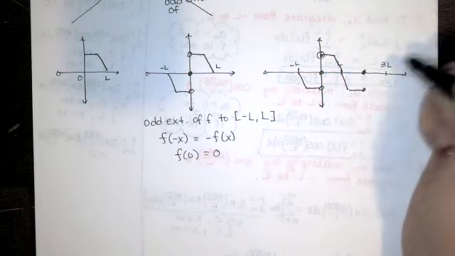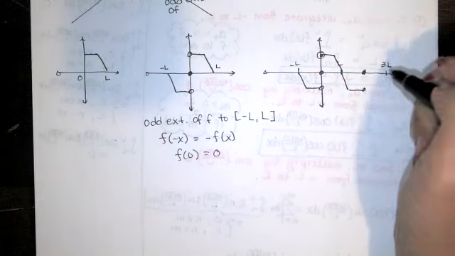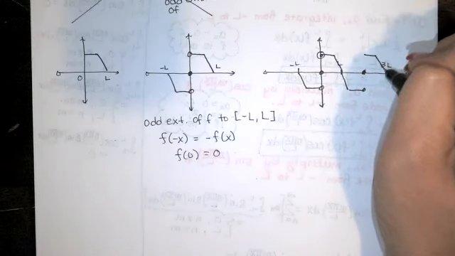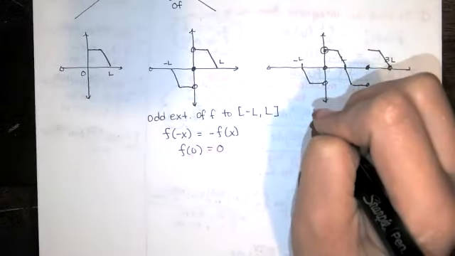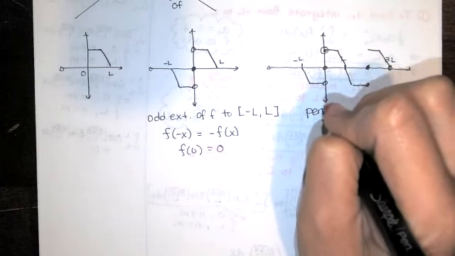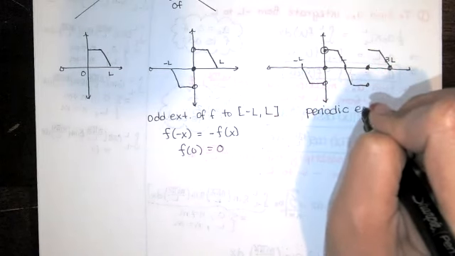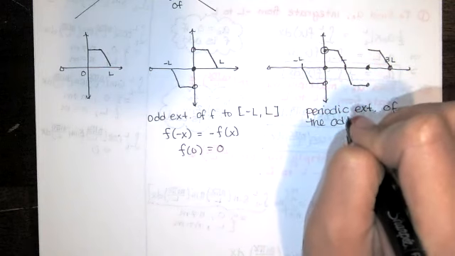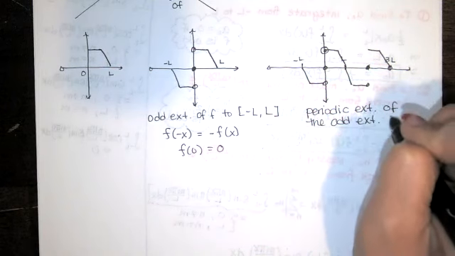Then you get the odd extension to the entire real line. So this is the periodic extension of the odd extension of f.